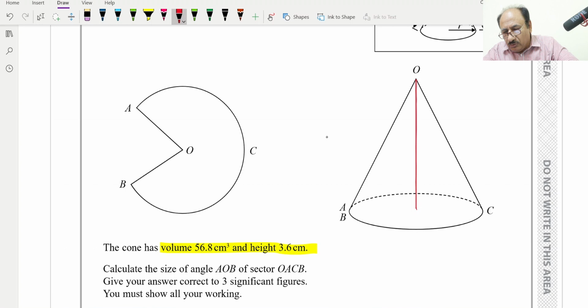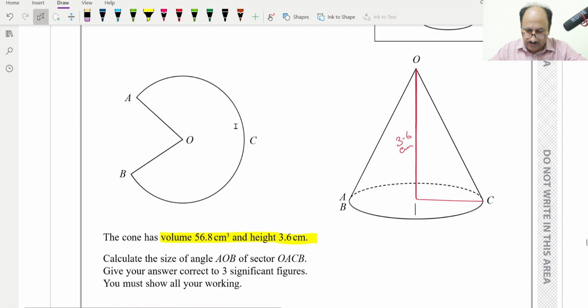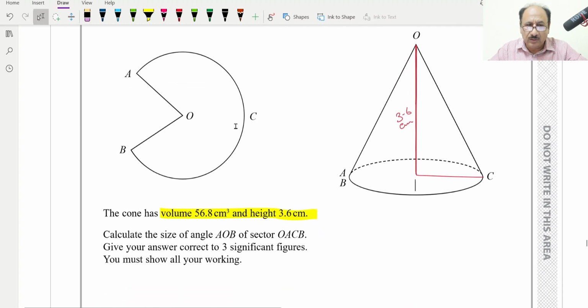And the height of the cone, they are saying, is equal to 3.6 centimeters. So this is 3.6 centimeters, and point C is joining with this one, and this is the radius of the cone. We need to basically find this one.